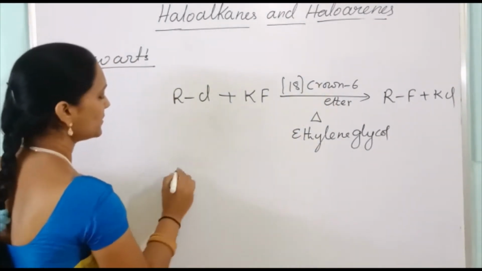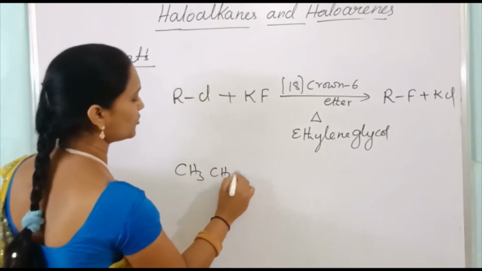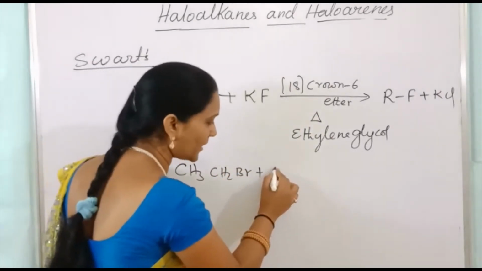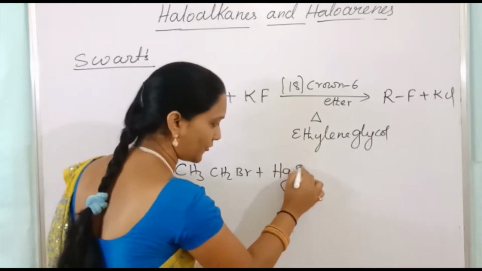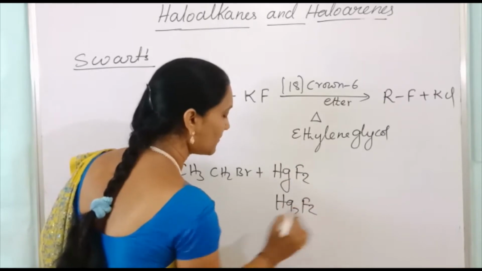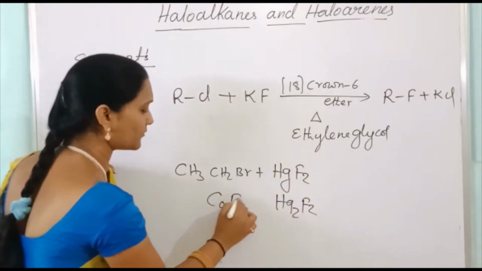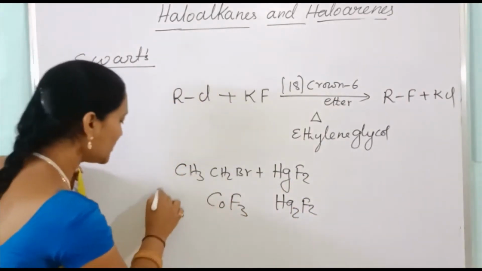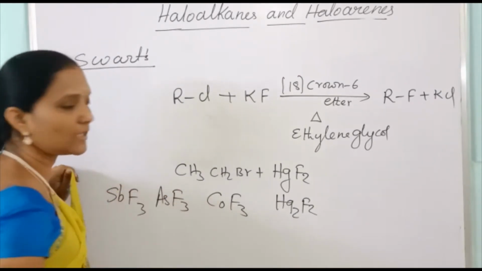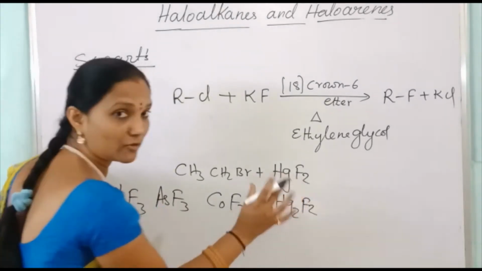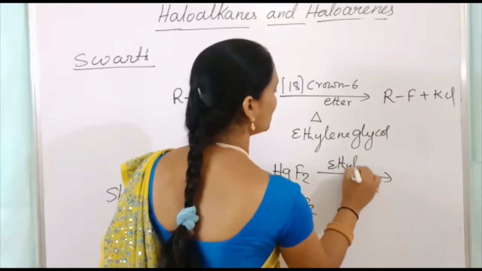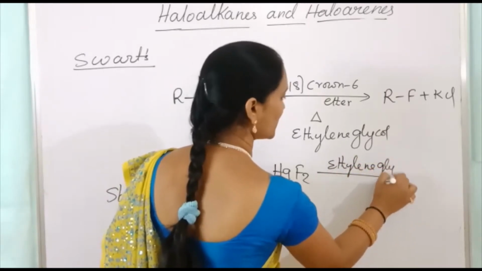Bromide, for example CH3CH2Br, is treated with a metallic fluoride. Here we can use HgF2, or Hg2F2, or CoF3, cobalt fluoride, or AsF3, SbF3, inorganic metallic fluorides, in the presence of ethylene glycol, a high boiling solvent.